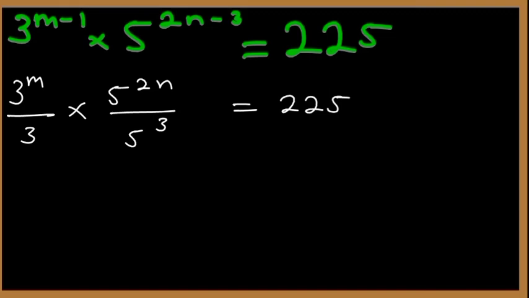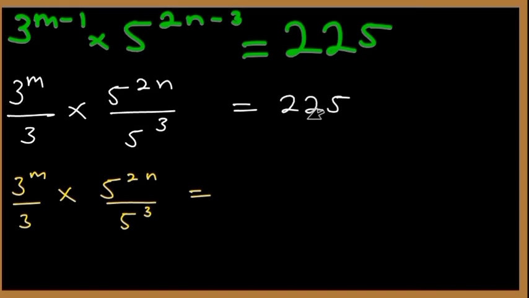So now we know that I can rewrite this one also in a form of 3 to the power m all divided by 3, multiplied by 5 to the power 2n all divided by 5 to the power 3, equals.